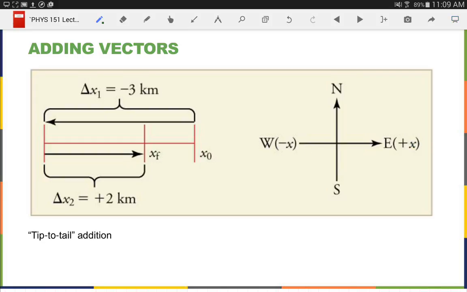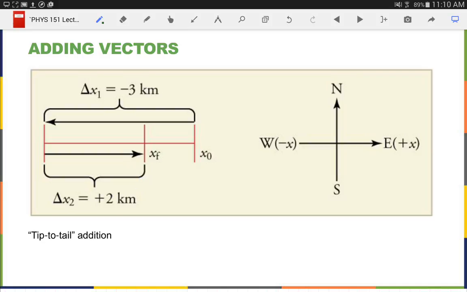West is to the left, so that's negative. Since the teacher went 3 kilometers west, we have a minus 3 kilometers here for the first trip. And then came 2 kilometers east, so plus 2 kilometers for the next part.